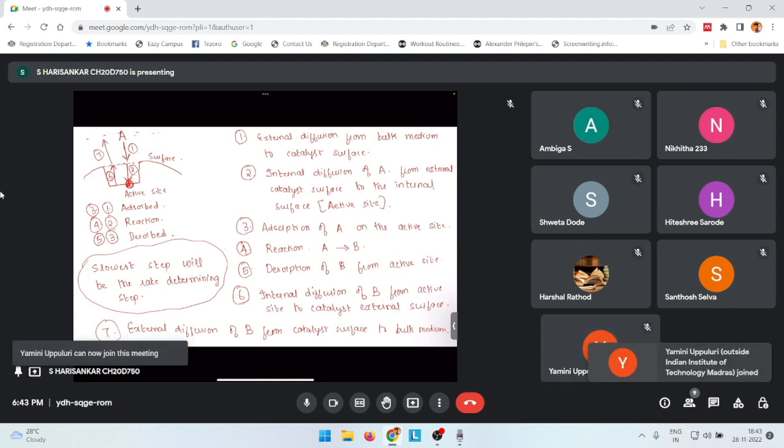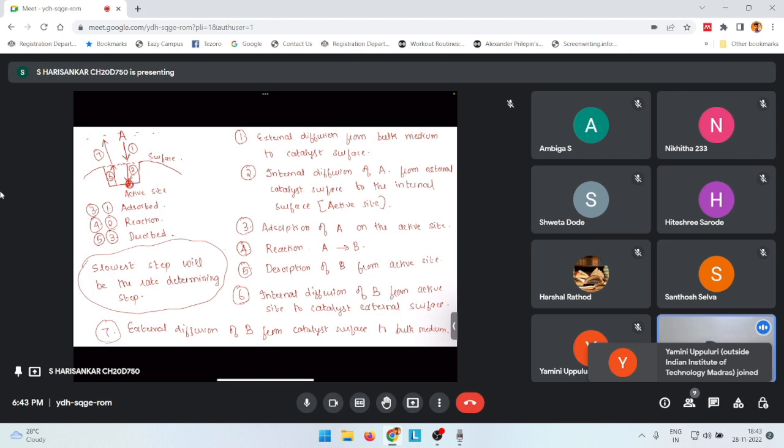Okay, so that means any one of these 7 has the possibility to be the rate determining step for a catalytic reaction. So that is what the rest of the catalysis part deals with. So you'll have 7 different scenarios where each one of them will be the rate determining step, and you'll have to find how you can find the rate of the reaction or what effects it has towards the overall process by becoming the rate determining step.